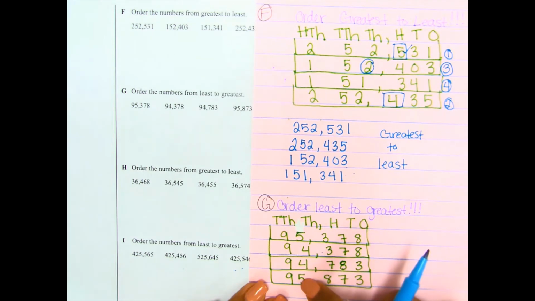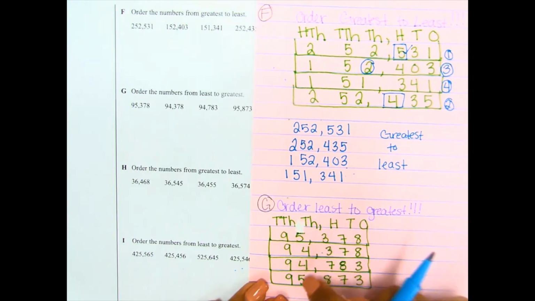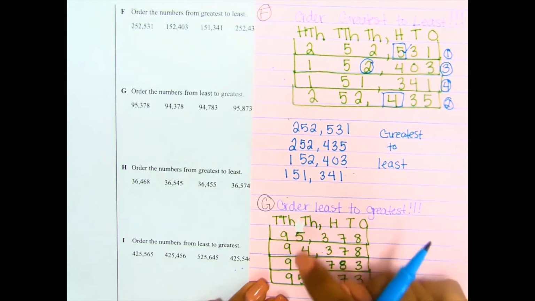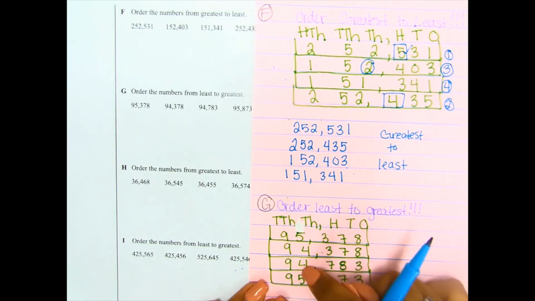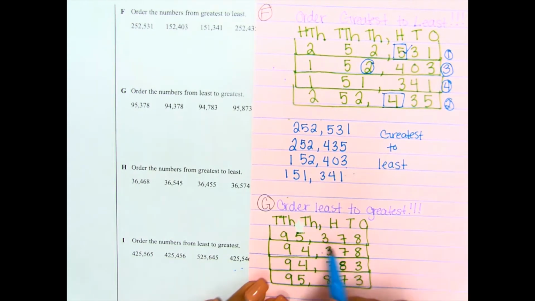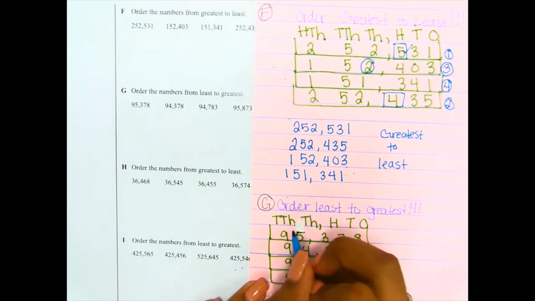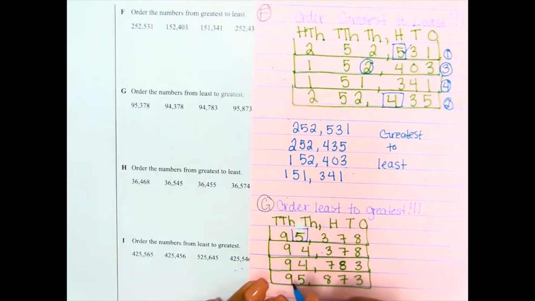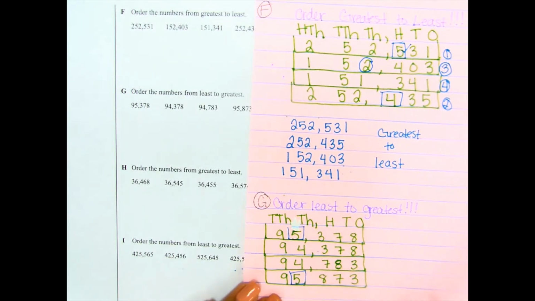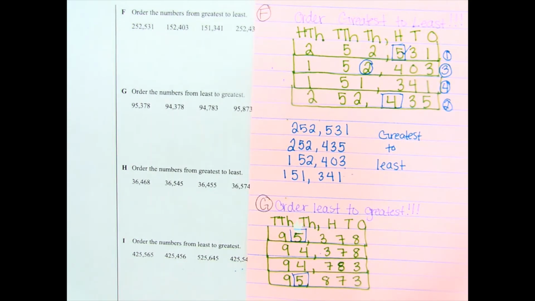I know these are equal, and I know these two are equal. But from these two and these two, which one is greater? That's right, our 5 is greater. So I'm going to box in our 5s. Those two are greater. So since I know that they're greater than our 4s, I'm going to stop right there.